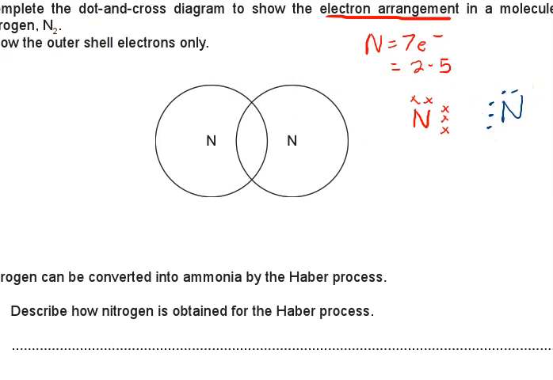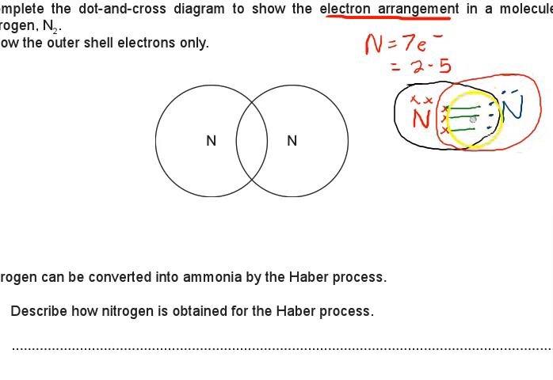Here we can see there is a triple bond, 1, 2, 3, and this nitrogen has about 8 electrons, and this nitrogen also has about 8 electrons. So inside here we have about 6 electrons sharing.